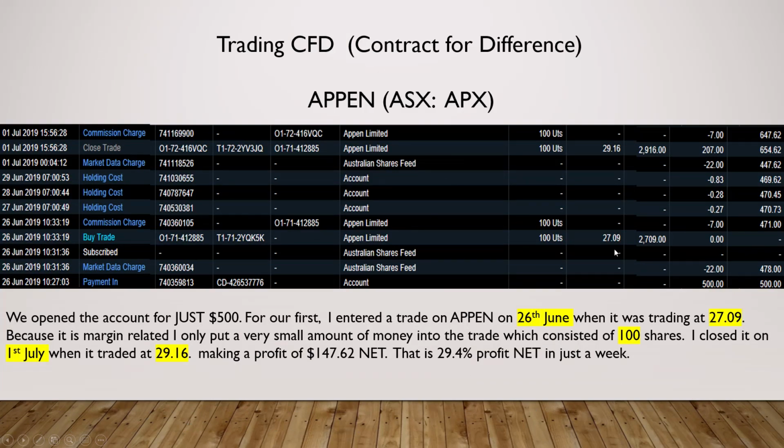And that is the trade here for you. We bought the trade on the 26th, that's 1 day after we opened the account. We entered at 27.09. We closed it at 29.16, and that's how we made the 50% profit. Of course, if you were to buy the shares, you would end up paying a lot of money, like $2,709, and you would have made $200 profit, as you can see here.